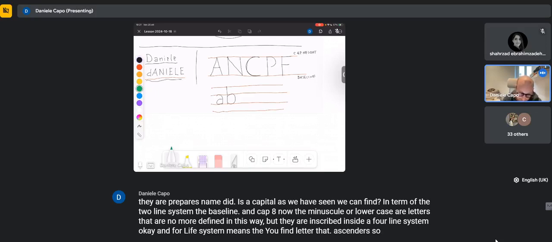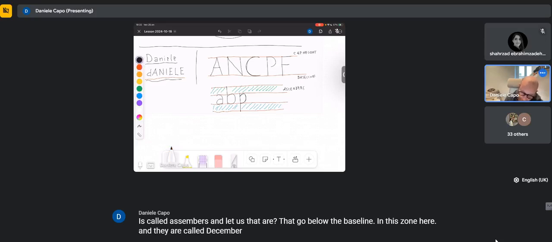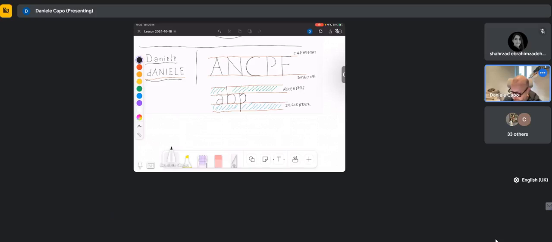So this zone here is called ascenders, and letters that go below the baseline, in this zone here, are called descenders.